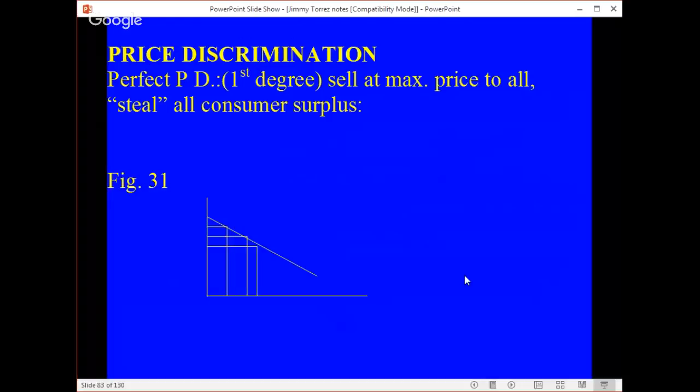And the good thing is that in this case, there's no welfare loss. There's a transfer from consumers to producers, but there's no deadweight loss because I'm still charging the last consumer the perfectly competitive price. That's first degree price discrimination.